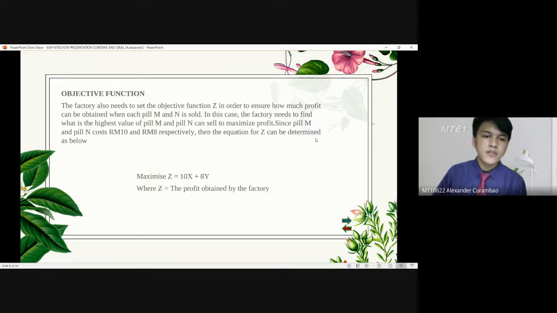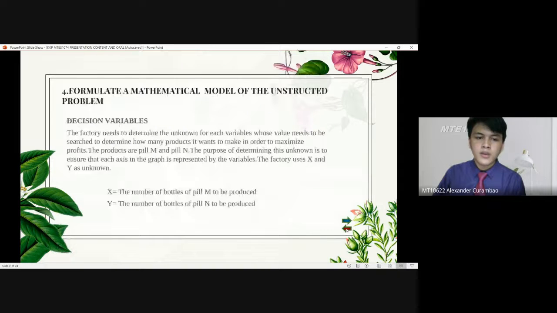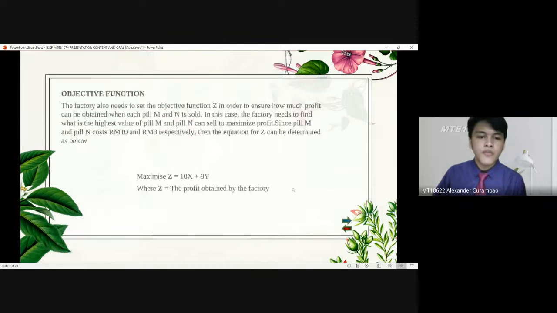So since the factory wants to maximize the profit, I put here maximize Z equals 10. What is the 10? 10 is represented by the 10 ringgit. Okay, what is X? As we can see here, X is the number of bottles of pill M to be produced. So if we multiply 10 ringgit times X, we will get the profit for the pill M that has been sold, the pill M only.